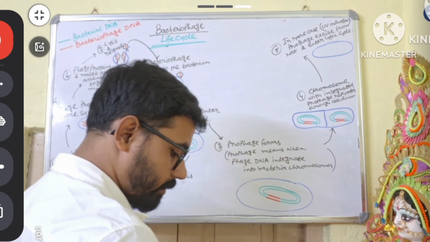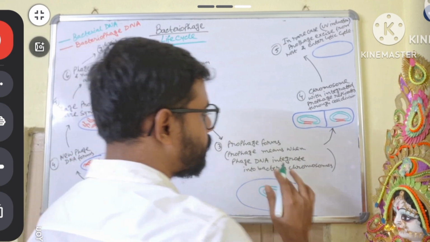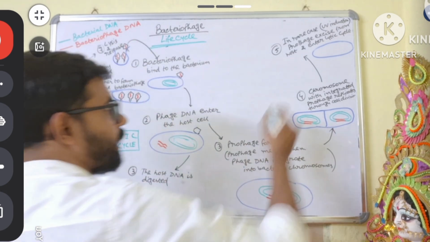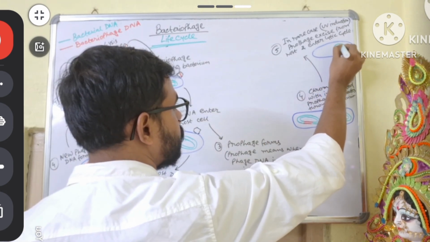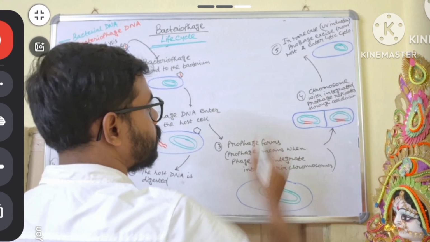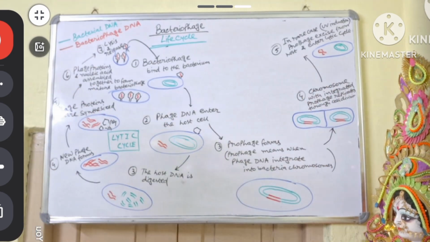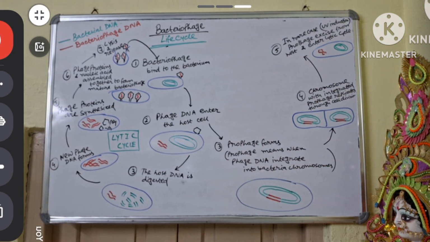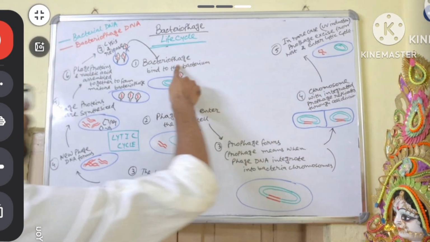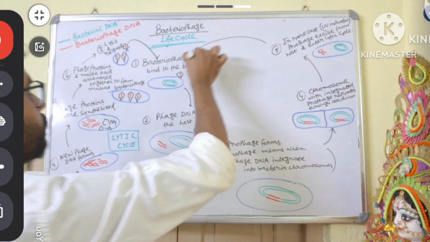So now check the interesting scenario. When these bacteria get enough damage from the UV, at that time the prophage is excised from bacterial DNA. And now this DNA starts the lytic cycle.